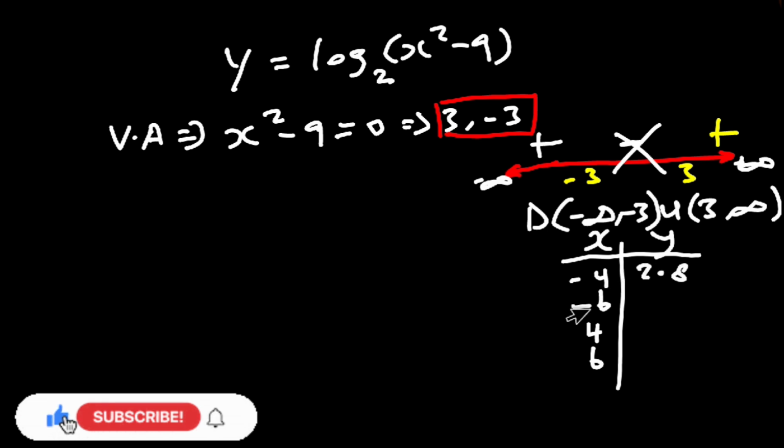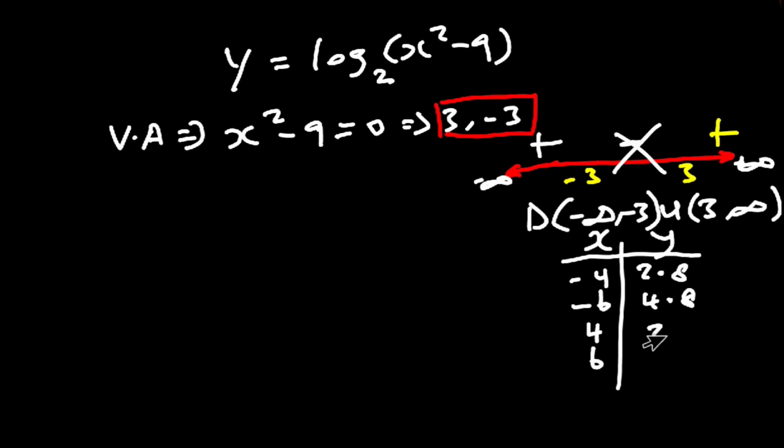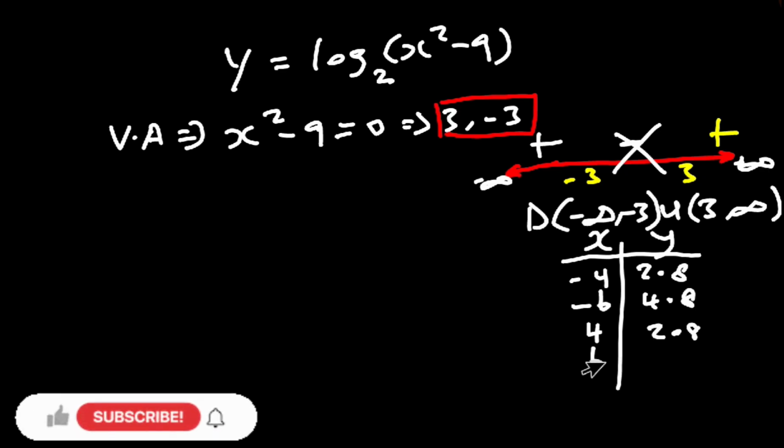If you plug in -6, we get 4.8. If you plug in 4, you still get 2.8, and 6 again gives 4.8, because this is x squared, so any negative converts to positive. So let's graph it.